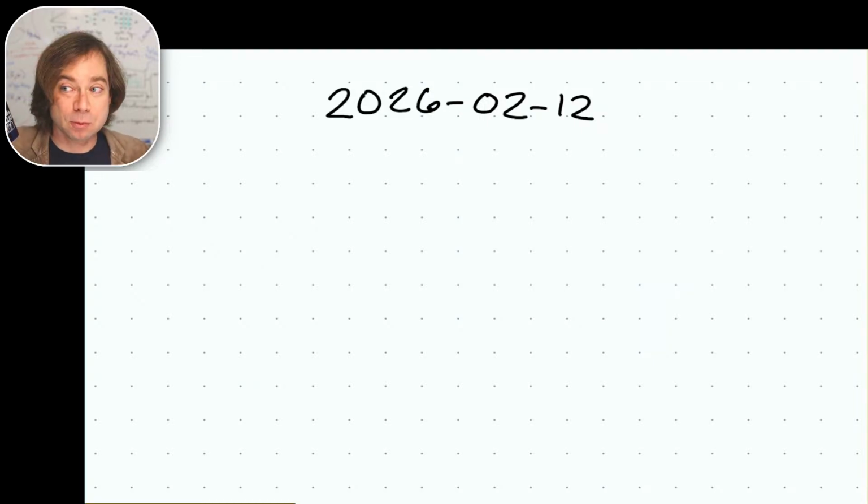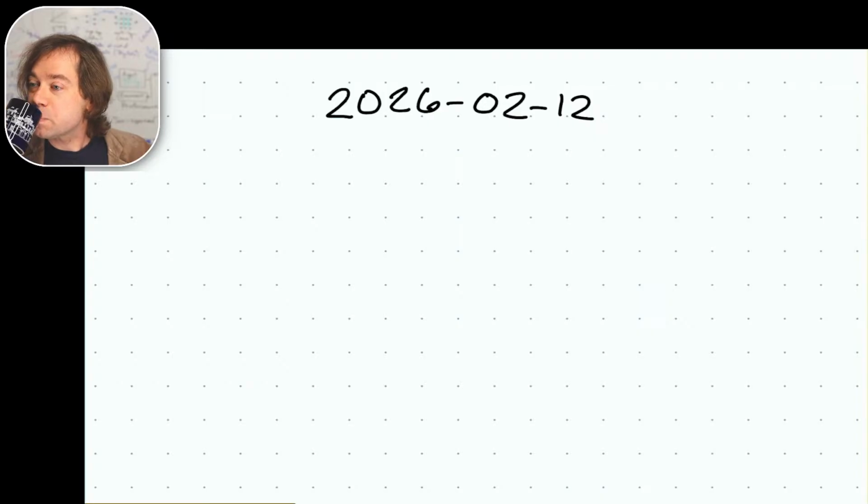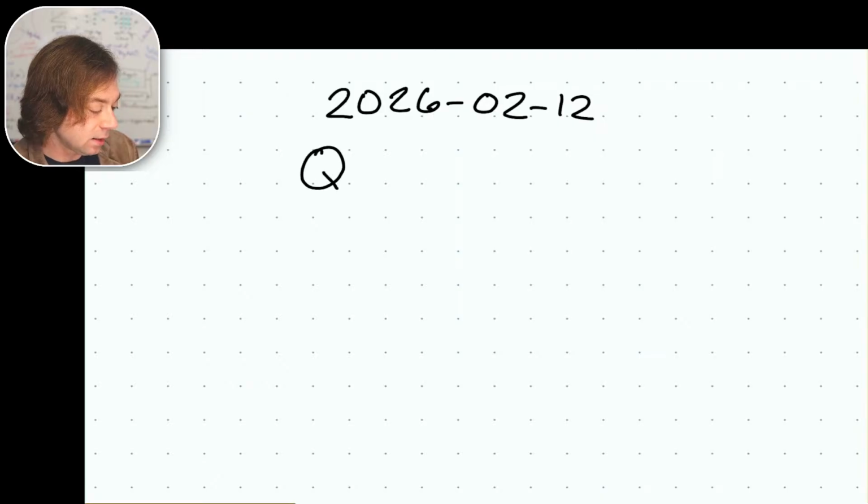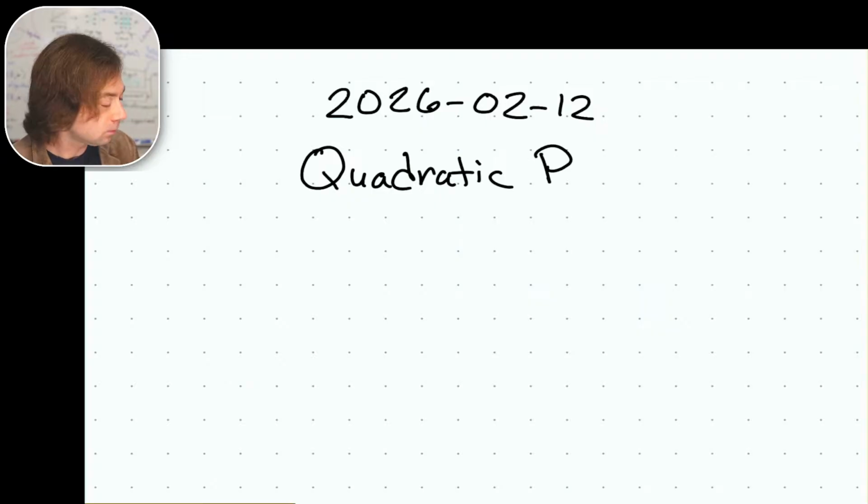Anybody? That's important for this class because we will use the phrase program all the time. It doesn't mean computer program necessarily. It's an optimization problem. So a program is an optimization. Today we're going to cover quadratic programming.